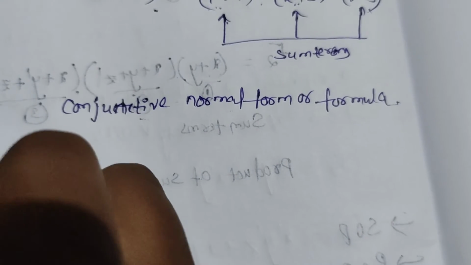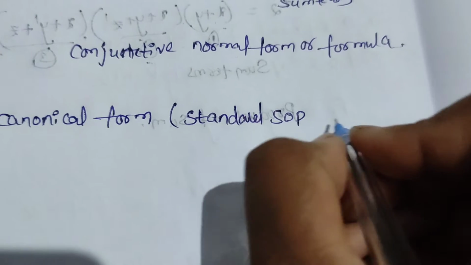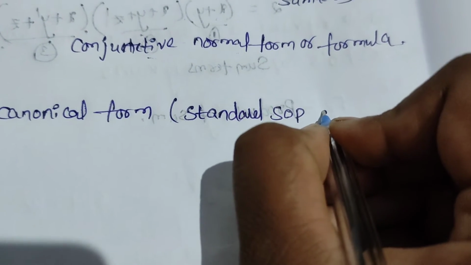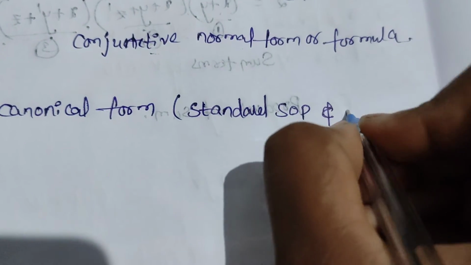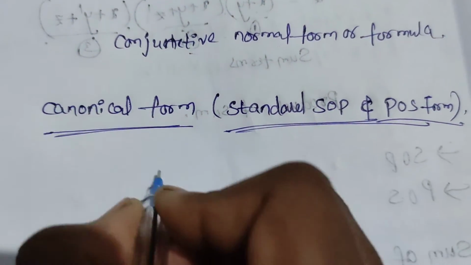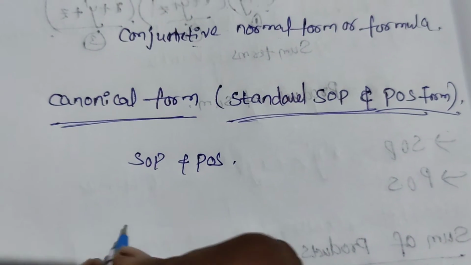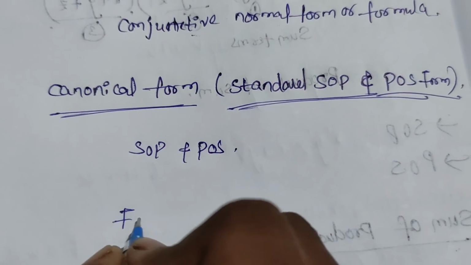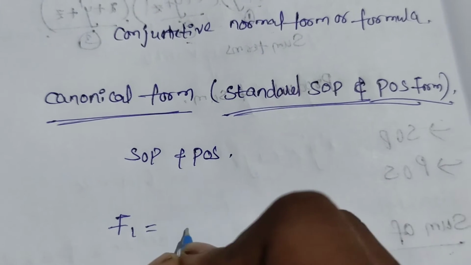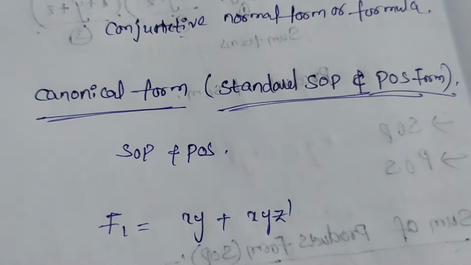Now we will see canonical form, which is also known as standard SOP and POS form. It is a special case of SOP and POS. Let us take a Boolean function in sum of product. F1 is equal to xy plus xyz bar.